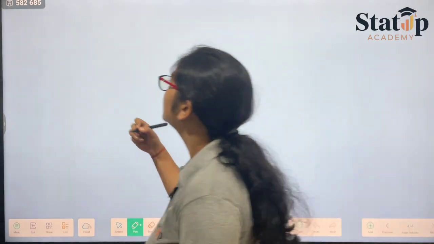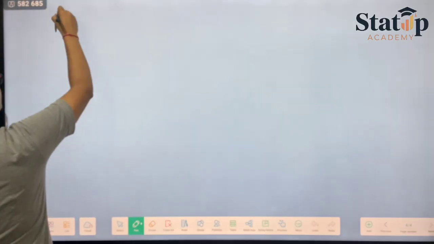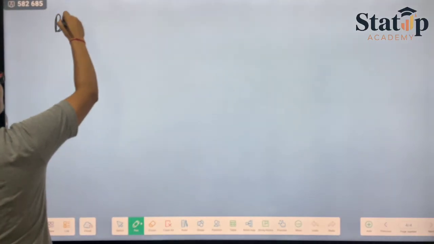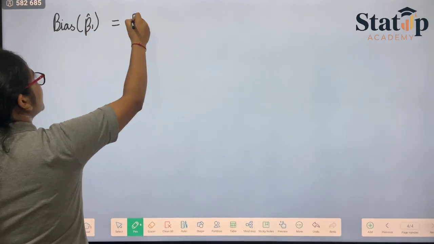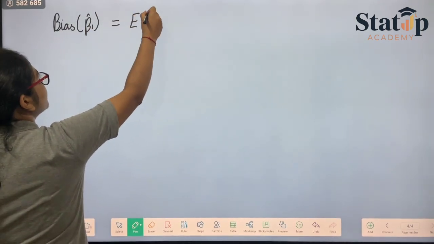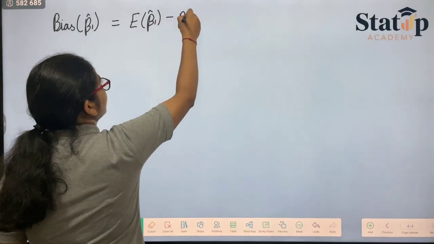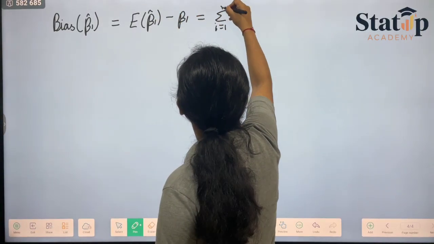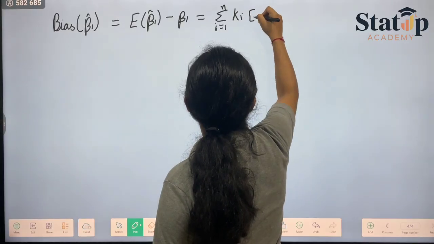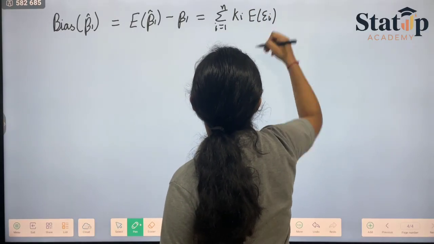So how can we write this? We can write bias of beta 1 cap is given by expectation of beta 1 cap minus beta 1 is equal to summation i goes from 1 to n ki expectation of epsilon i.